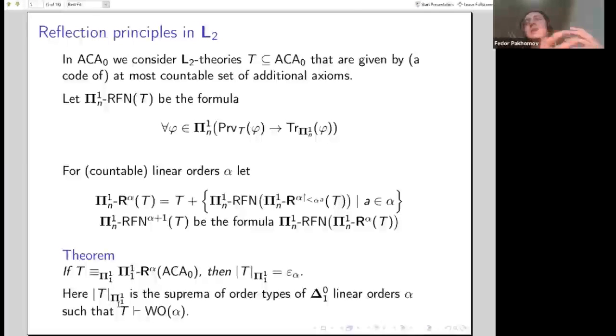In principle, one could go even further and consider theories that have uncountably many axioms, represented for example by some Σ1 formula defining the set of the axioms or something like this. So it's possible, but it's not what we will do here.